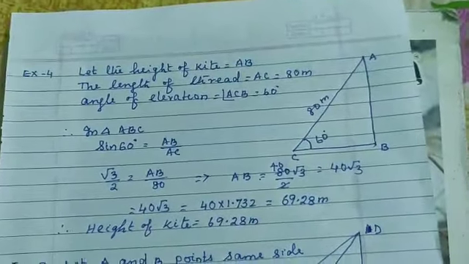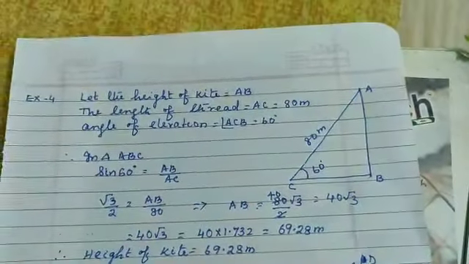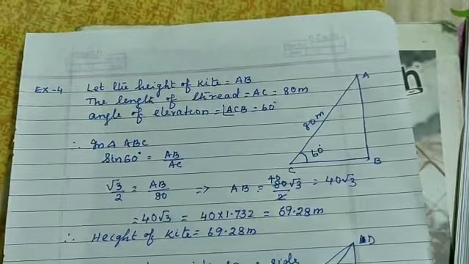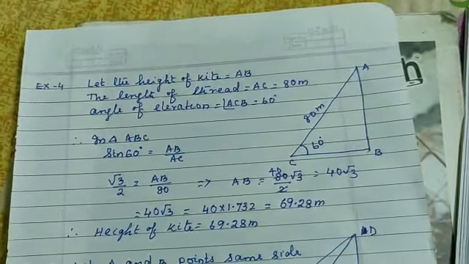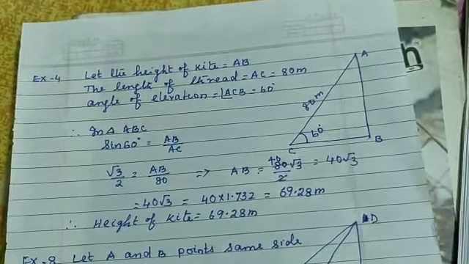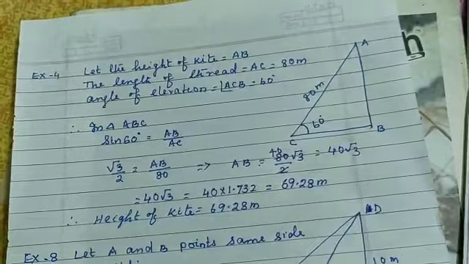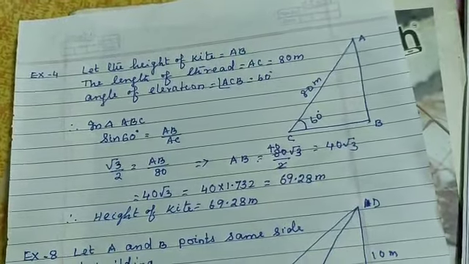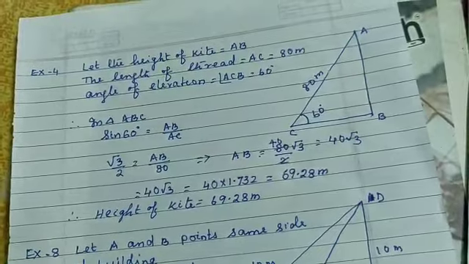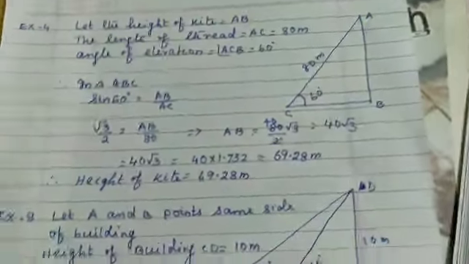Similarly, we will solve another problem. The problem is exercise problem 4. A kite is flying with a thread 80 meters long. If the thread is assumed to stretch straight and makes an angle of elevation of 60 degrees with the horizontal, find the height of the kite above the ground.